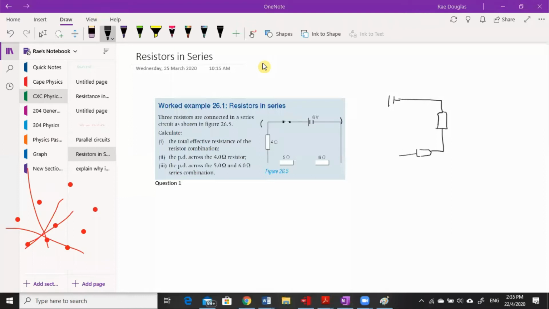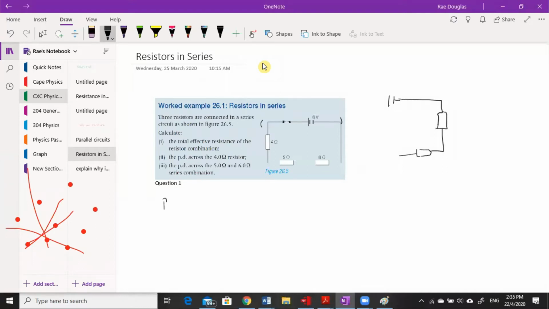But now we want to be able to determine our total resistance when we have a series circuit. Now, R1 plus R2 plus R3. What would I do? Say that again for me, please. R1 plus R2 plus R3. Good.